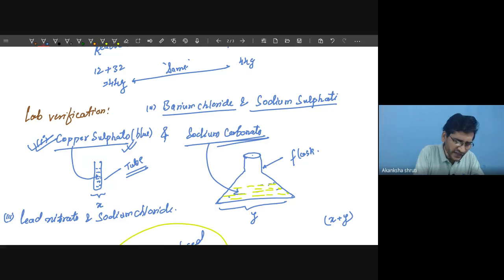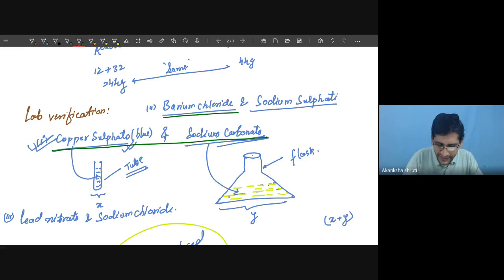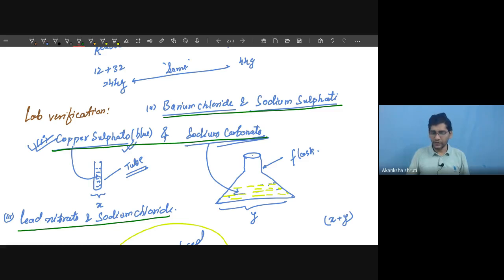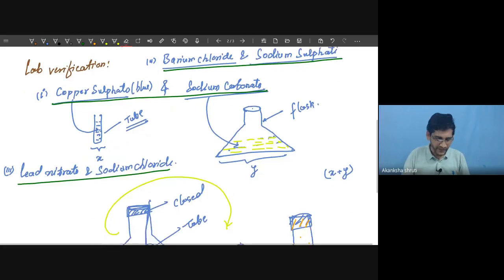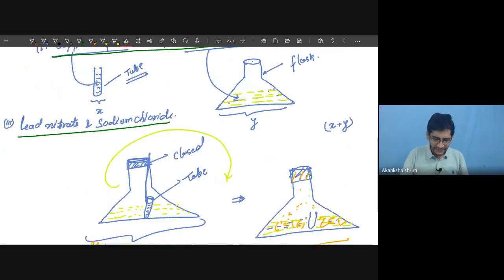So either you take the pair copper sulfate with sodium carbonate, or you take the pair barium chloride with sodium sulfate, or you take the pair lead nitrate with sodium chloride. These are the three pairs that you can choose, and you can do this setup or this experiment with any of the pairs. Though with the first one I had explained, you have to take one in the tube, another in the flask.